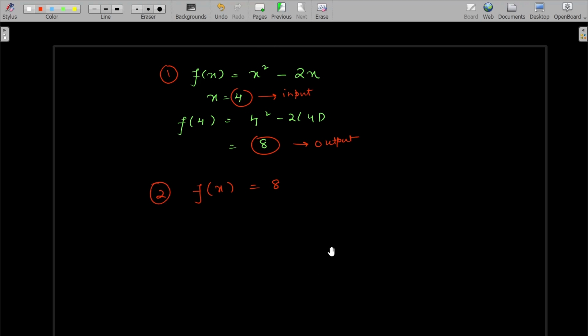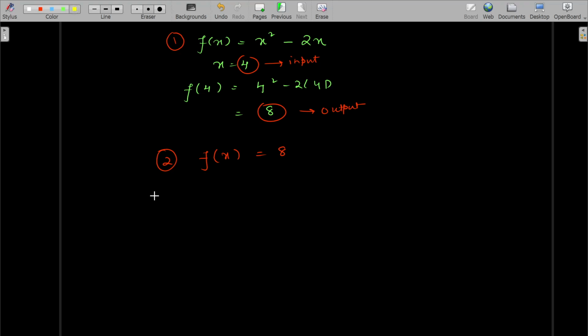The third question type you can expect is when the input is given in the form of an expression. So if you have f of x equal to negative 2x plus 7, and we have to find out the value of f of 1 half times x plus 3.